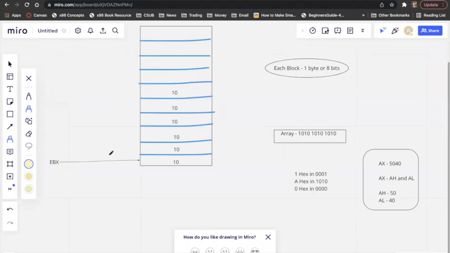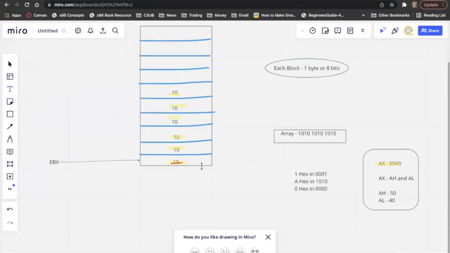AX is a size of 16 bits and each block is 8 bits. So we're trying to move a 16-bit value to an 8-bit block, which might mess things up a little, so we have to be really careful. Since we are moving AX to this, we know we're going to replace this value. What will be the new value?